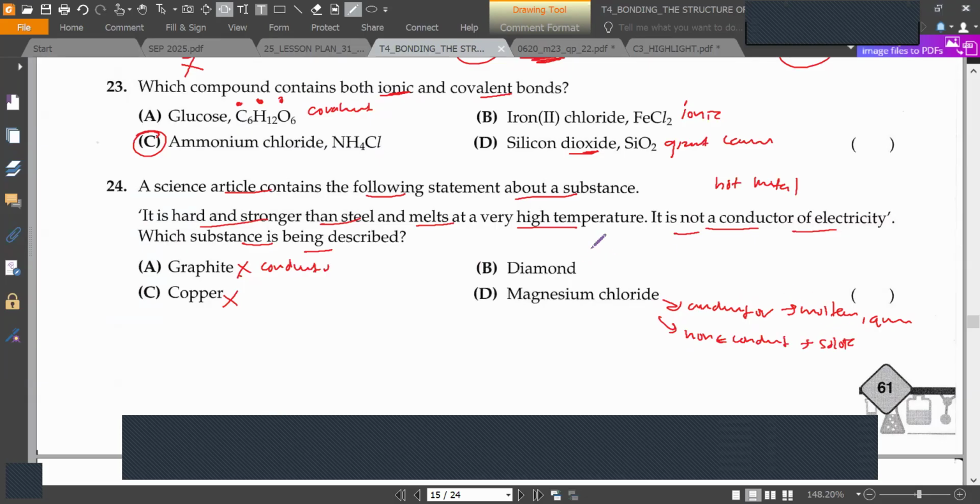This one is a non-conductor and very strong, and melts at very high temperature. So our answer is diamond, a non-conductor of electricity under any condition. Okay, carry on.